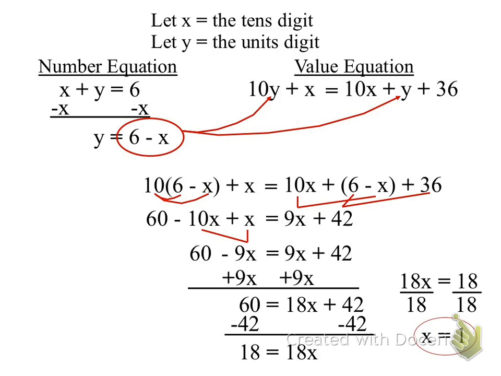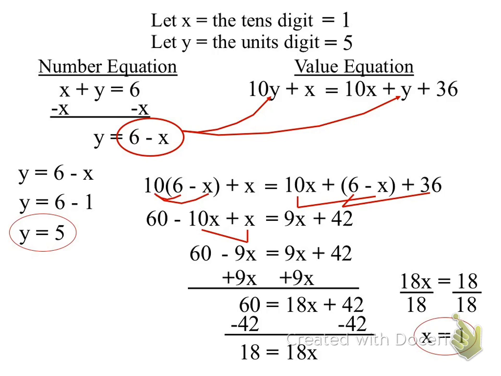Okay, so if x equals 1, what are we doing next? Y equals 6 minus 1, so y equals 5. Okay, and what is the original number? If I know my x is 1 and my y is 5, what is my original number?